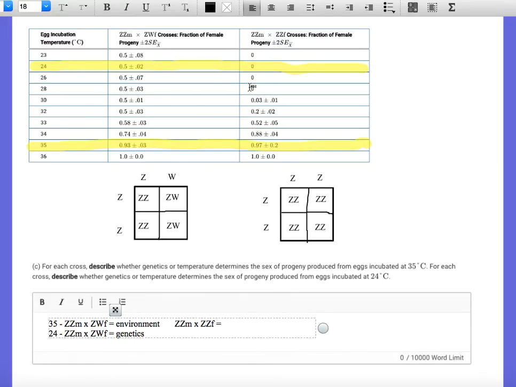At higher temperatures, they're all female. And if you graphed it, which I did not do, you would just see a straight line going from male to female. Like at 33 degrees, they're half and half. So looking here, that's going to be environment. So in both cases for this cross, I'm going to say that it's the environment only.